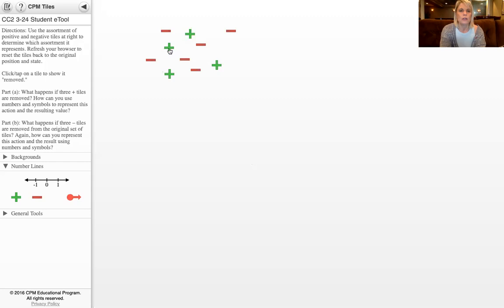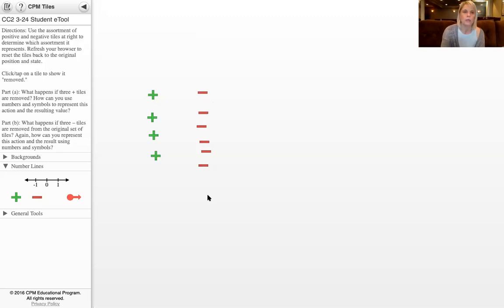If you want to think of this as an addition problem, this is saying that I have 4 plus 3, 4, 5, 6. So this is saying that I have 4 plus a negative 6. So if they had the problem as 4 plus a negative 6, you would draw 4 positive tiles and then add 6 negative tiles.